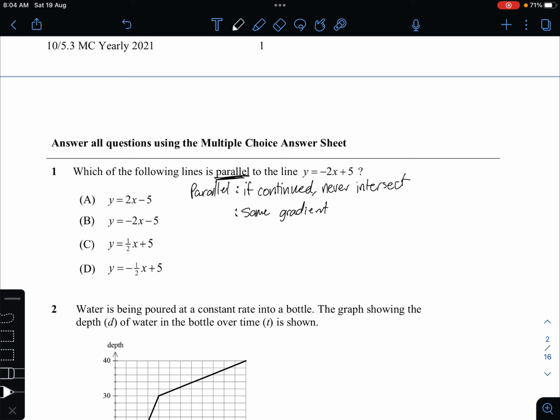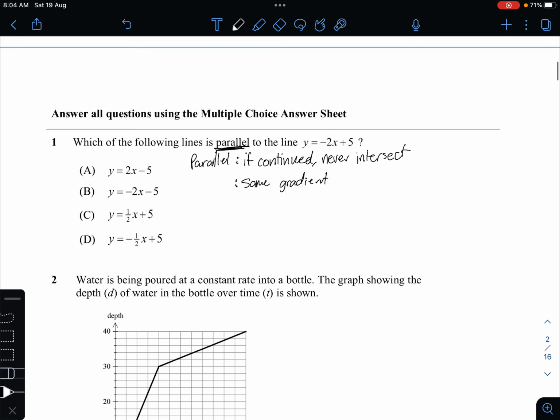Alright, so with this information, we'll try to find out the gradient of our first line. So y1 equals negative 2x plus 5, and we have our standard form of a line, y equals mx plus b, where m is our gradient. So our coefficient of x right here is our gradient, and therefore m1 equals negative 2.